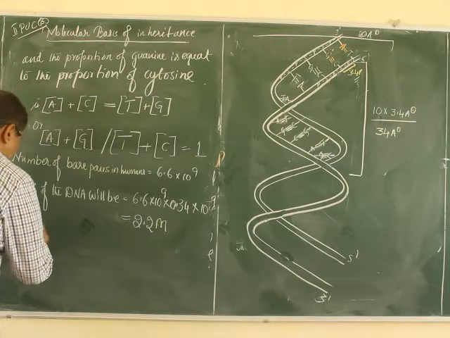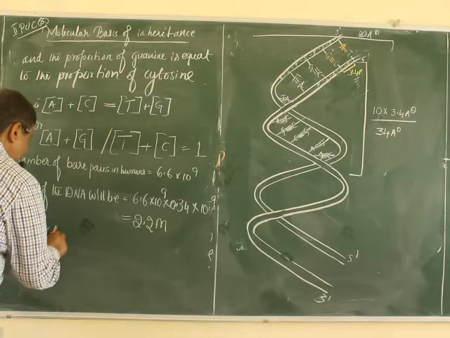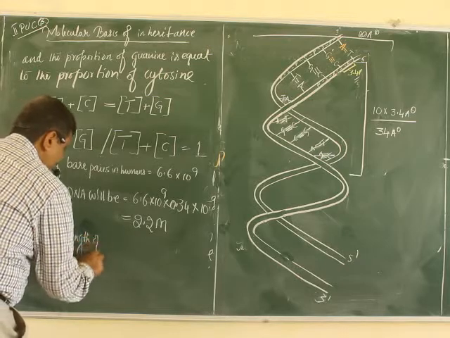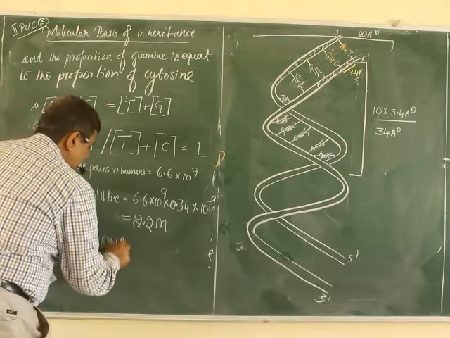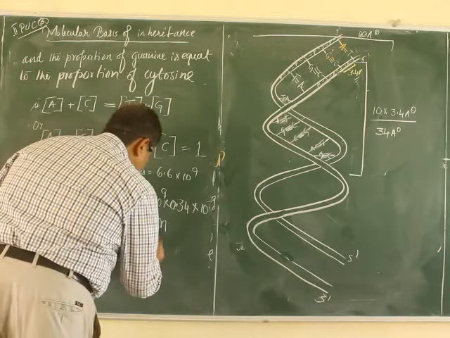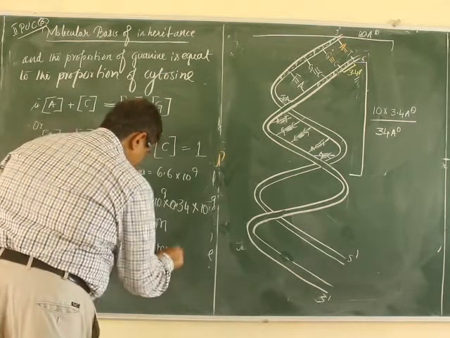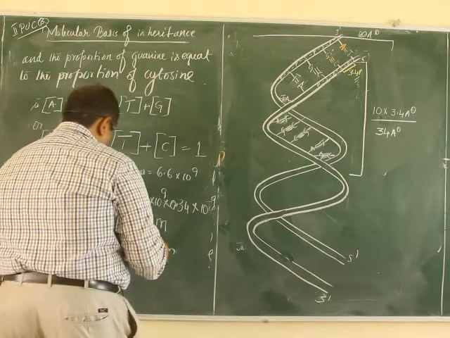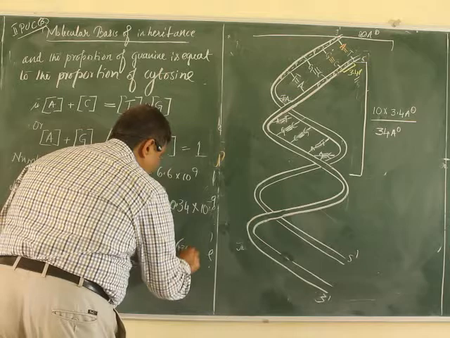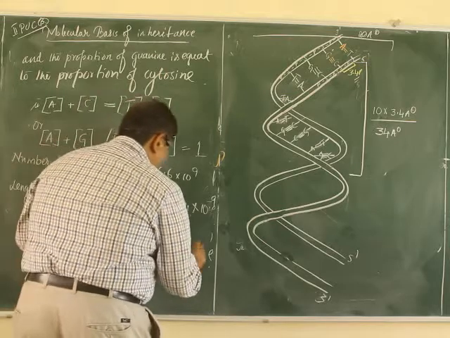In E. coli, a bacteria, the length of DNA is equal to 1.36 millimeter. That is 1.36 into 10 to the power minus 3 meter.